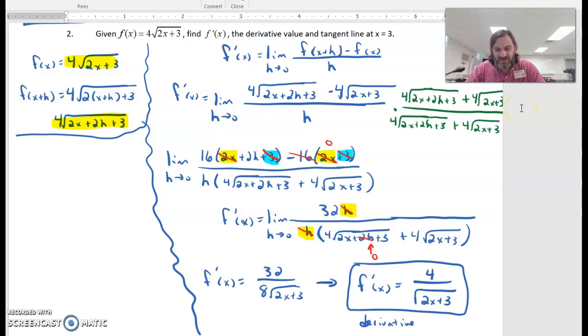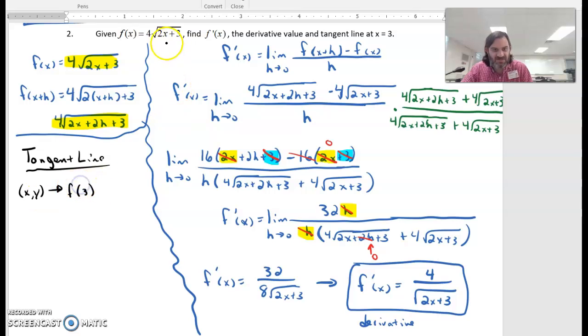But let's see here. This f prime, this derivative, will give me the slope anywhere on my curve, which was 4 square roots of 2x plus 3. But I need to write my tangent line now. So what do we need? We need x and y, and we need to find this at 3. f of 3 looks like it will be 2 times 3 is 6, plus 3 is 9. Square root of 9 is 3, times 4.